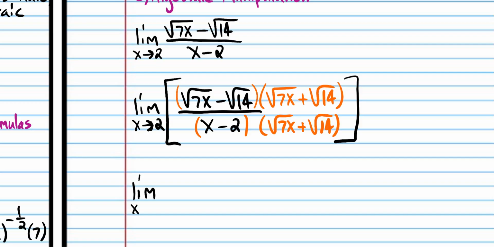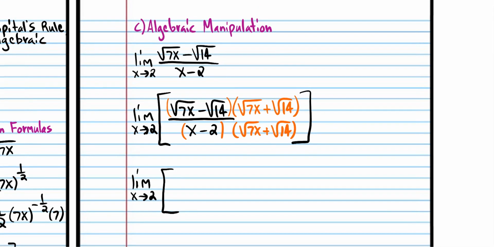Okay, and so now we're going to use FOIL. We're going to multiply these two, and we get root 7x squared, and then we're going to multiply these two. And so we get root 7x times root 14, and we'll multiply these two.